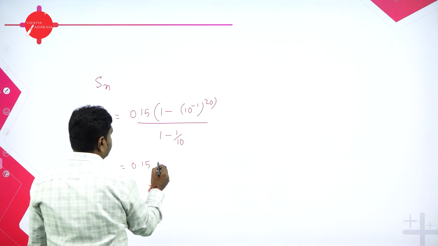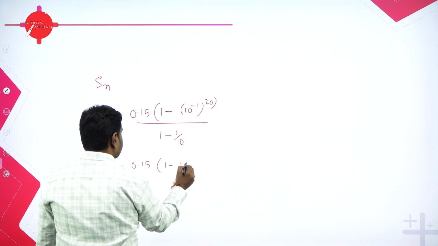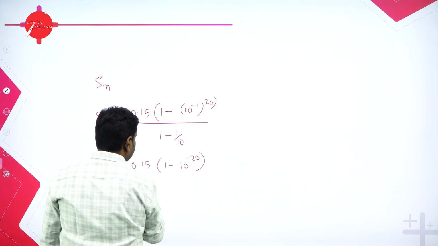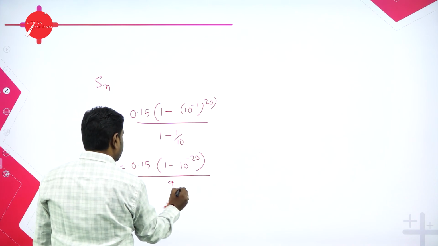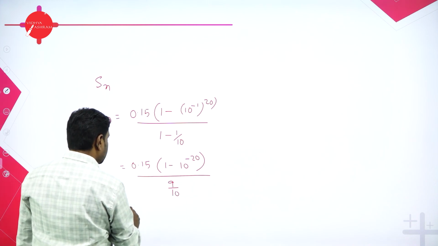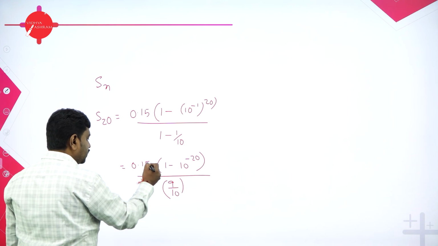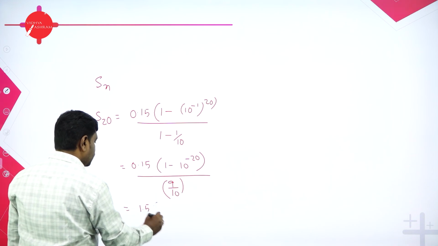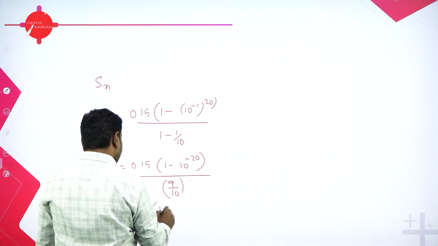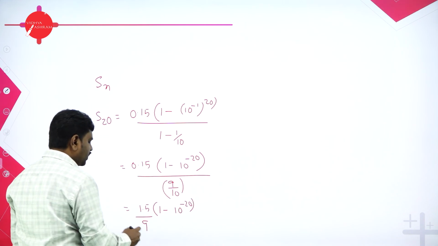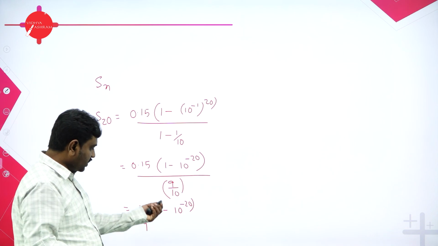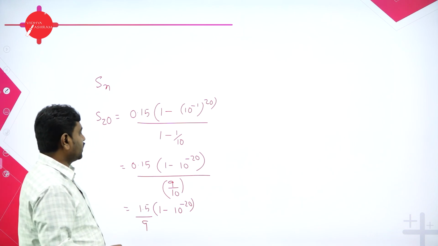By the law of indices, 10 ones are 10, 9 by 10, 10 goes up. If you take this 10 to the numerator, it becomes 1.5 into 1 minus 10 power minus 20 divided by 9. Further, you can use a calculator. Since calculators are allowed, you can use a calculator and calculate.